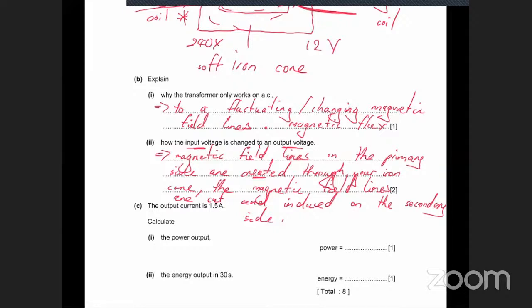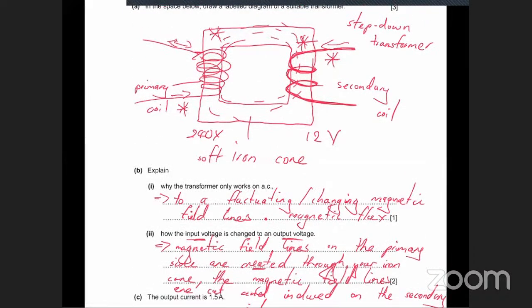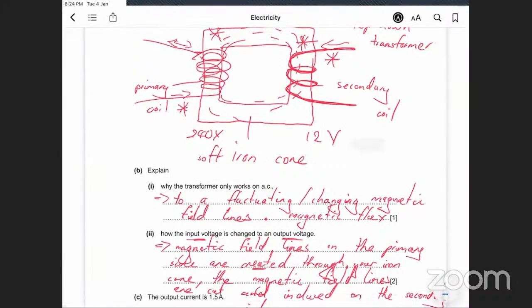Right, so have we all tried to work that out? Please take note, it's just 1 mark. It shouldn't be that difficult. So we already know we're getting 1.5 amps in this part here, and we already know the output voltage is 12 volts.